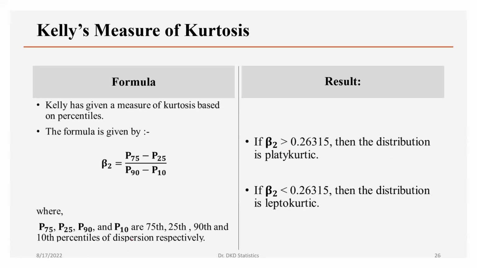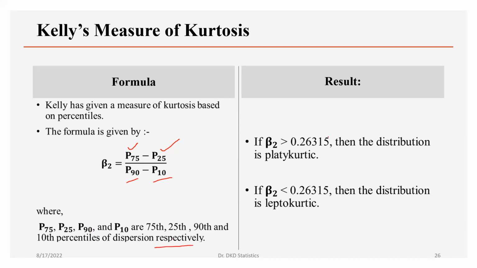Now another formula, for Kelly's measure of kurtosis. Kelly has given a measure of kurtosis based on percentiles. Beta 2 is calculated as P75 minus P25 divided by P90 minus P10, where P75, P25, P90 and P10 are the 75th, 25th, 90th and 10th percentiles of the distribution respectively.